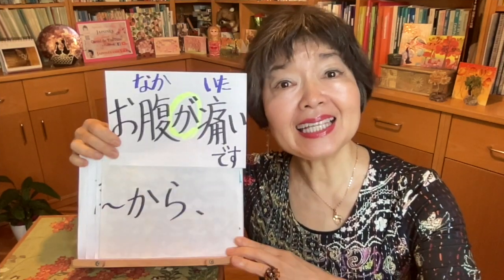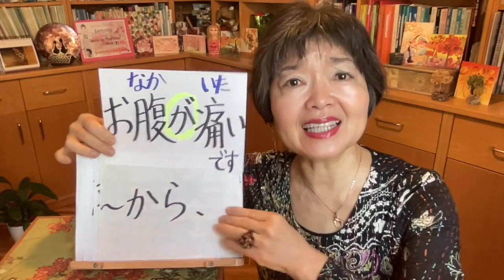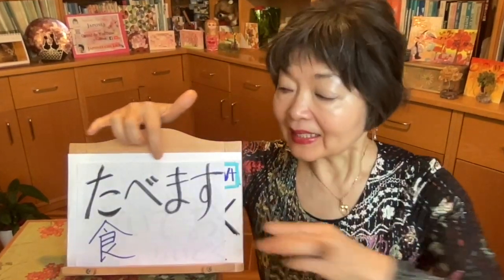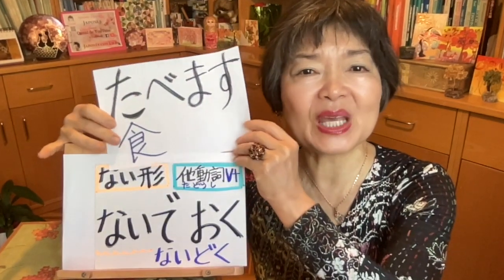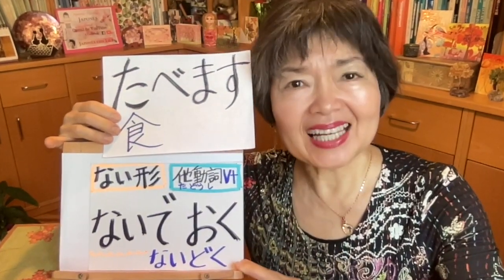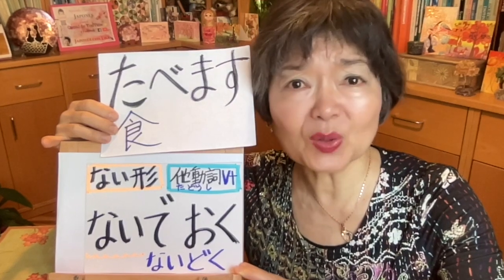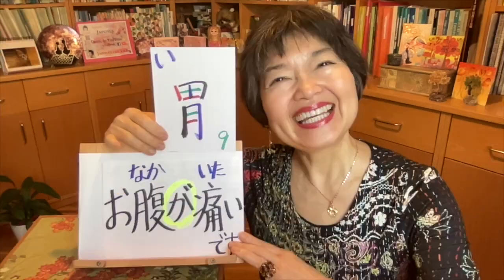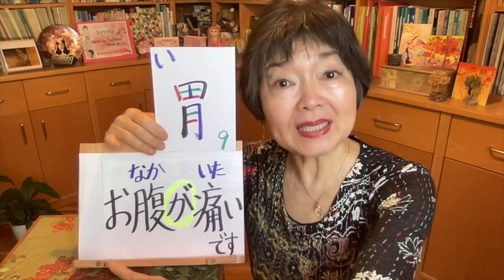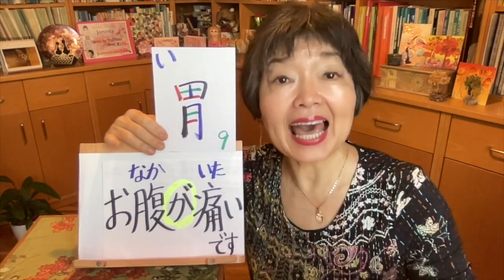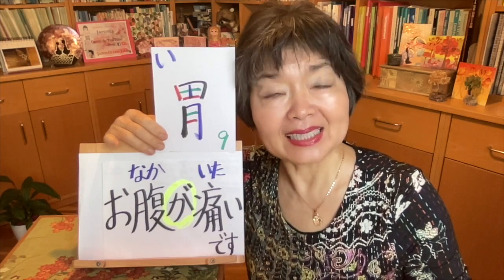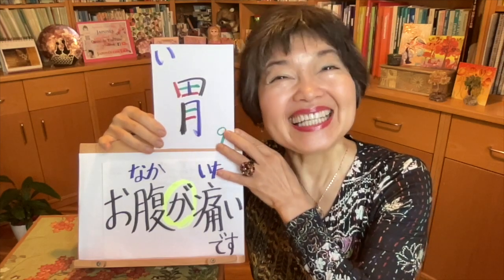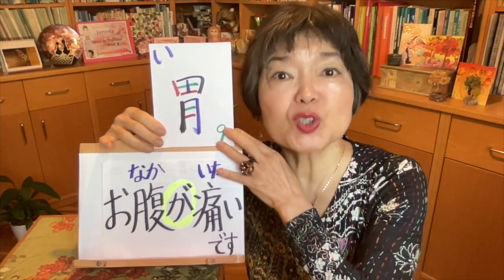お腹が痛いですから、朝ごはんを食べないでおきます。お腹が痛いから朝ごはん食べないでおく。Many people translate お腹が痛いです like I have a stomachache. It's okay. But actually there's this word, 胃, it means stomach.